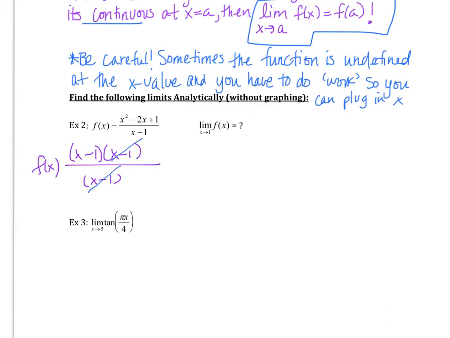Now we learned the other day that when a factor cancels, instead of having a vertical asymptote, we have a point of discontinuity. So this graph has a point of discontinuity at the x value of 1. Now to find the actual ordered pair for this point of discontinuity, we take a look at the reduced function. So the reduced function will be equal to x minus 1.